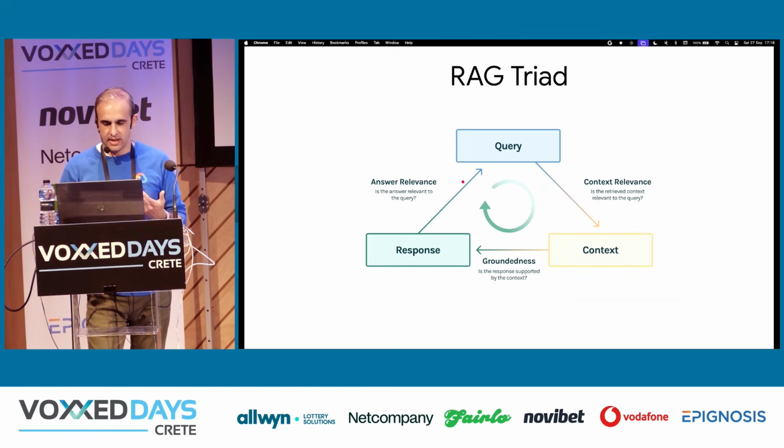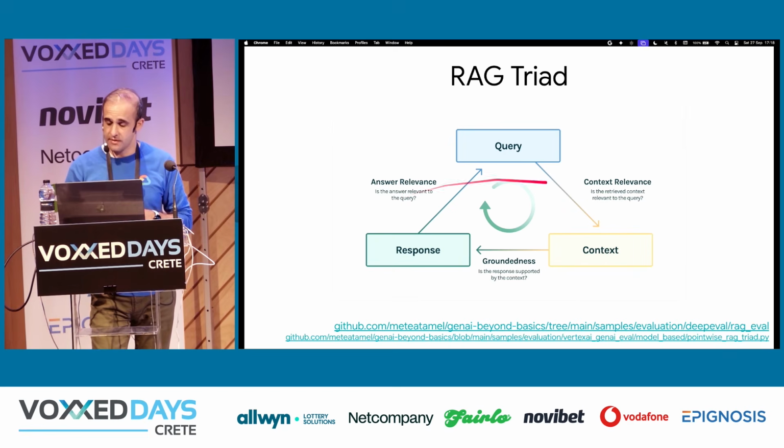And just like I explained, context relevance measures, is the retrieved context relevant to the question? Groundedness tries to answer, is the response supported by the context? And then answer relevance answers the question of, is the answer actually relevant to the question? So that's what you tend to see with RAG systems.